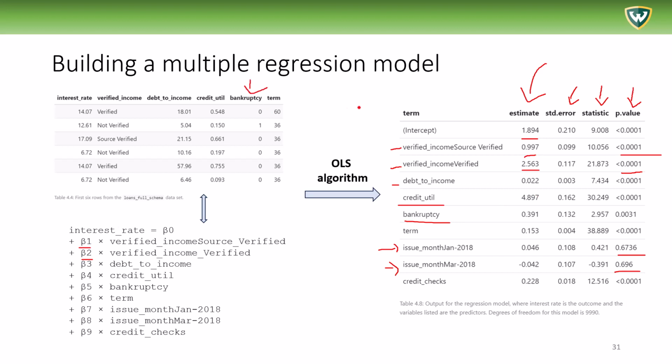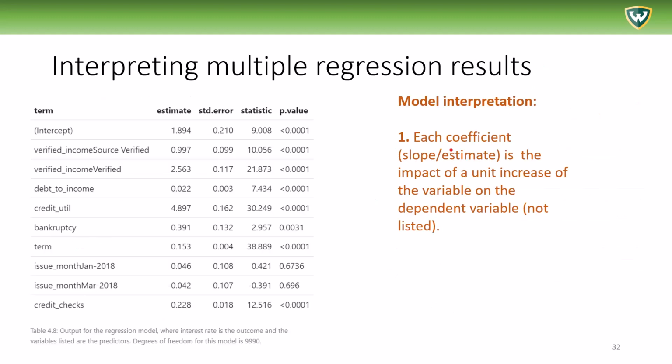And so we can see it here, the data's here. So if a person is bankrupt, it increases the interest rate by 0.391 points compared to those that do not. We always have to remember compared to those that do not have bankruptcy, and so on. So this is how we build and interpret the regression model.